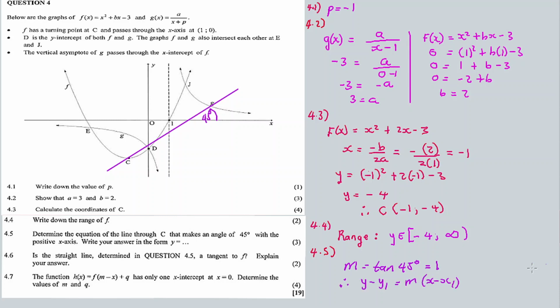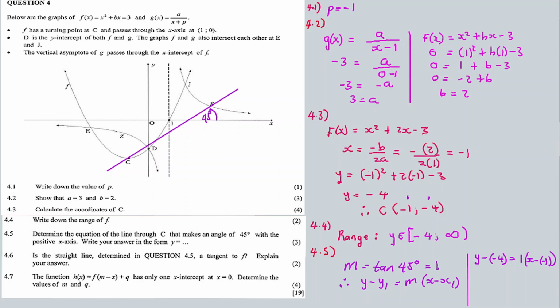Then we use y minus y1 is equal to m in bracket x minus x1. We use this equation for finding the equation of the straight line. Then we substitute. Since the straight line passes through C, we substitute C in this case. So y minus -4, x minus negative 1.